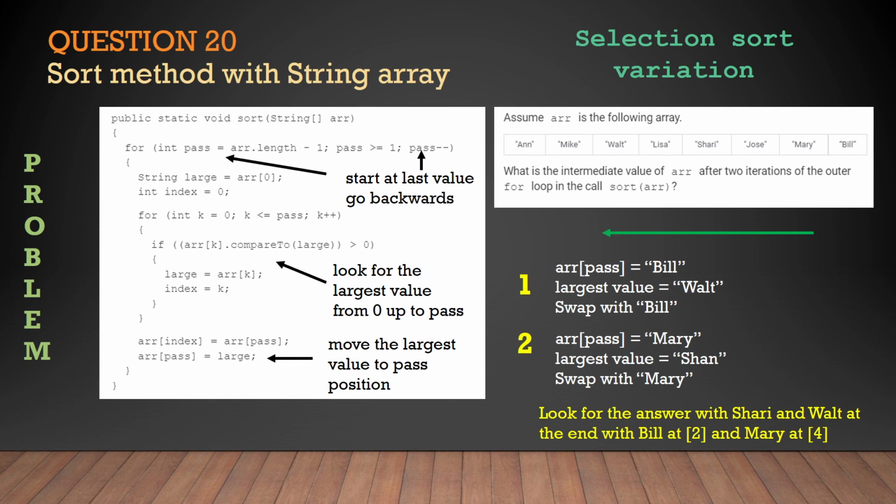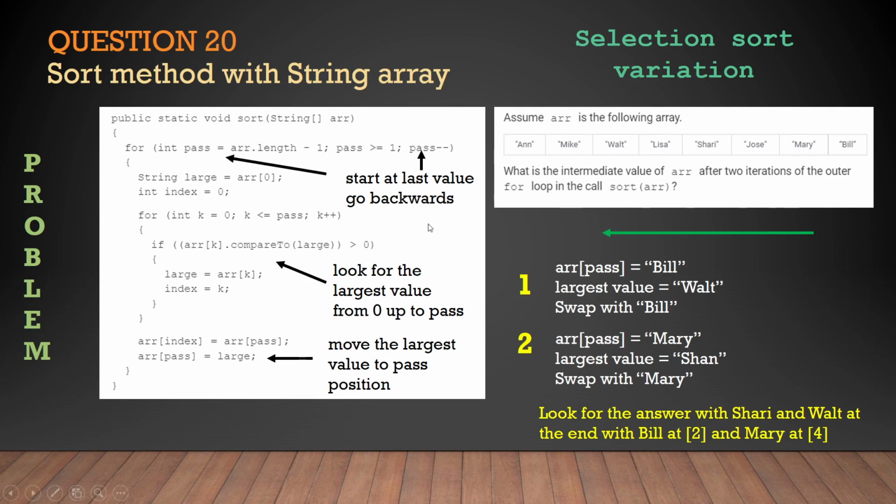So string large equals the first value, index equals 0, and for k from 0 to less than pass, k plus plus. So we're going to go up until the value of pass, which is the end of the list. So up to Bill, let's see if we can find the largest value.